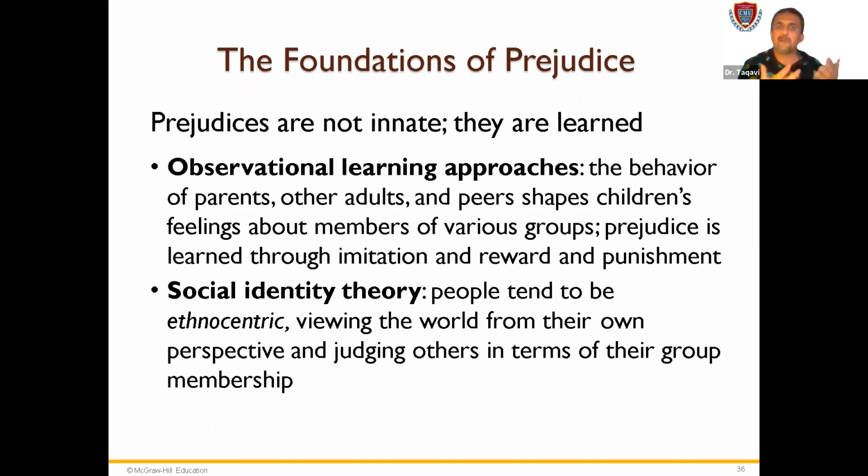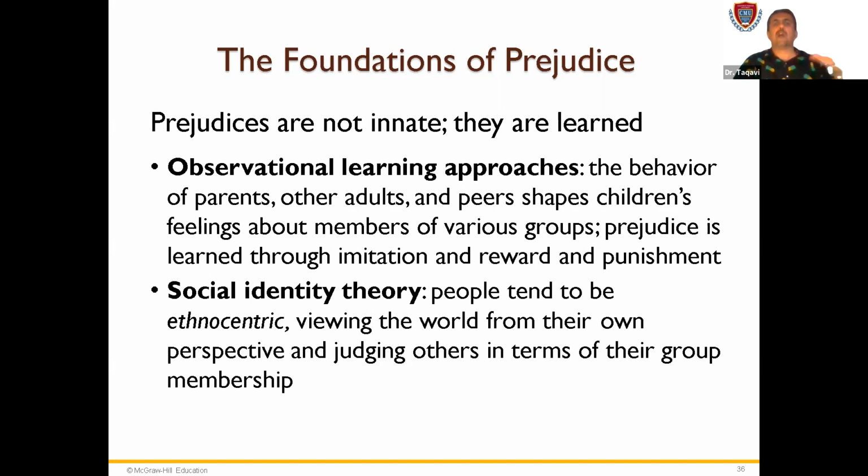It is not about reality or effectiveness or not effectiveness. It is about the identity. Who am I? I want my identity. Okay? In this part of life, observational learning is very important. And social identity theory says people tend to be ethnocentric.